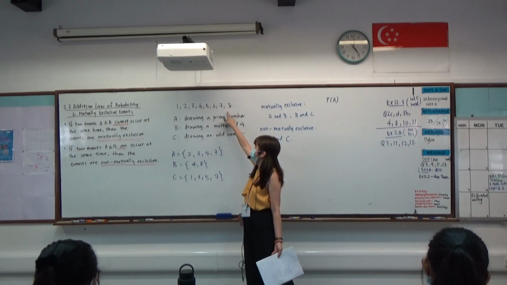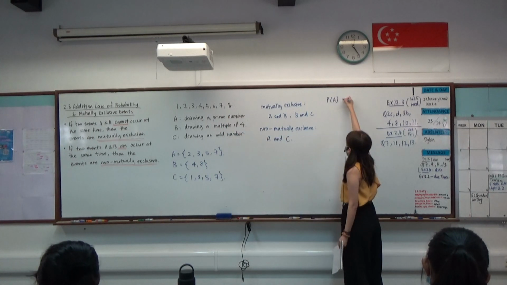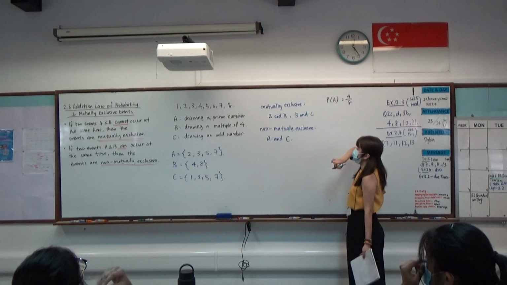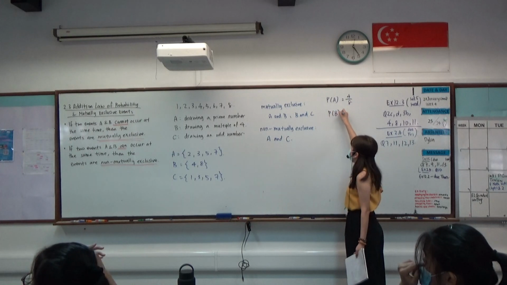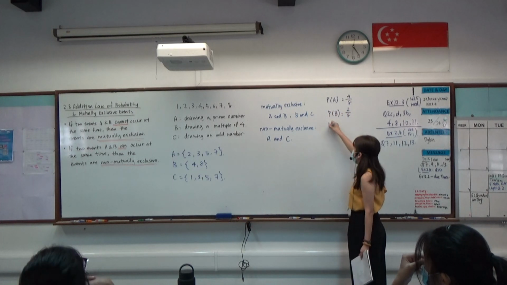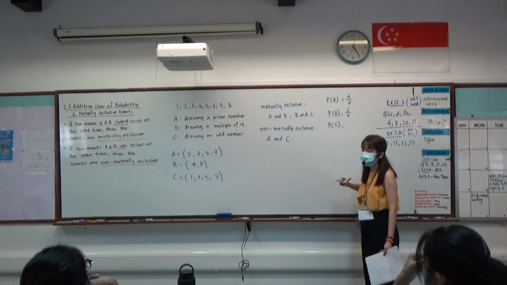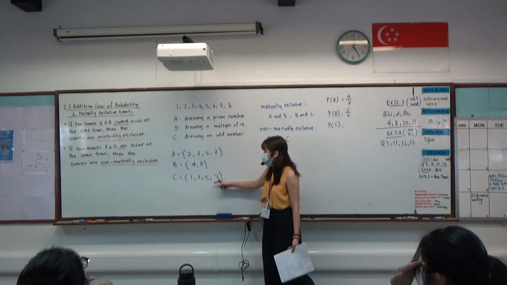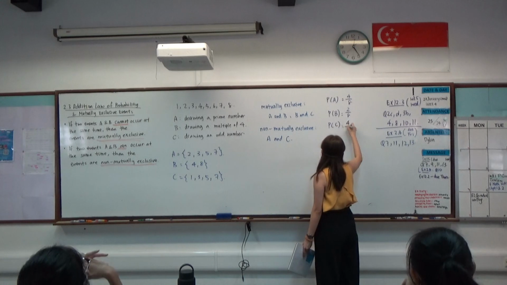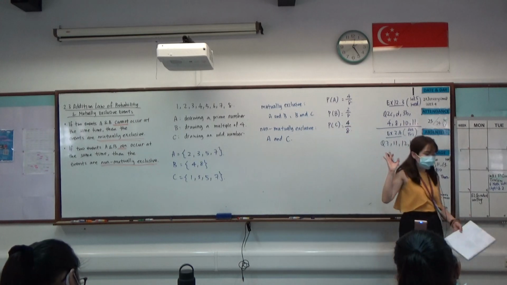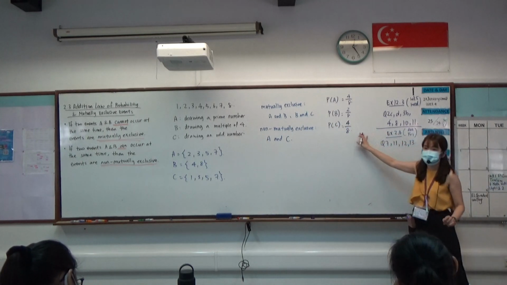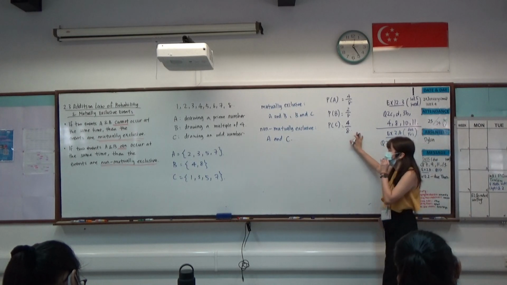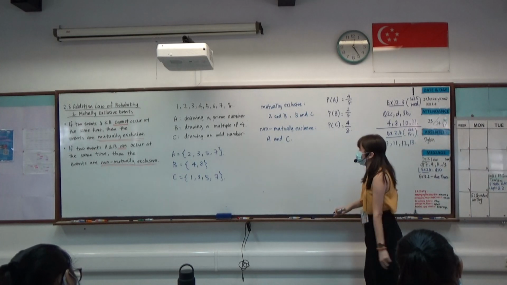So the probability of having A is actually 4 out of 8. The probability of B will be 2 out of 8, and the probability of C itself would actually be 4 out of 8. I'm just leaving it in this manner. I'm not simplifying it, because I want to use it further.